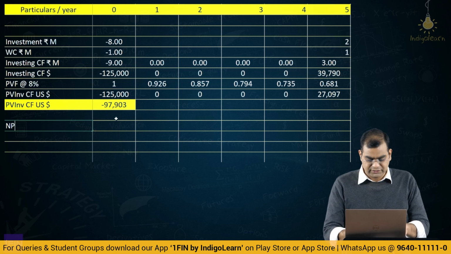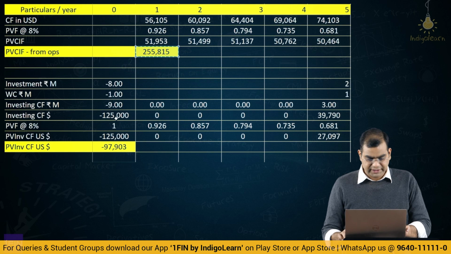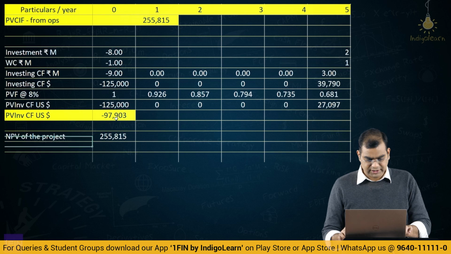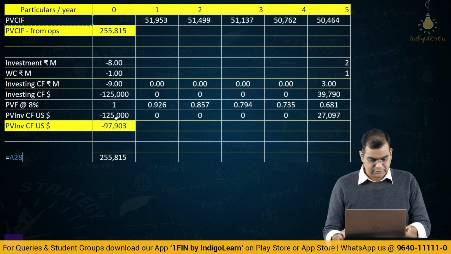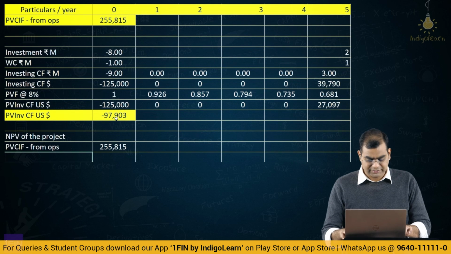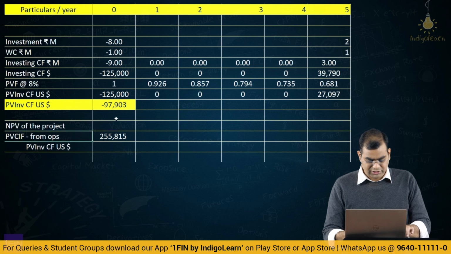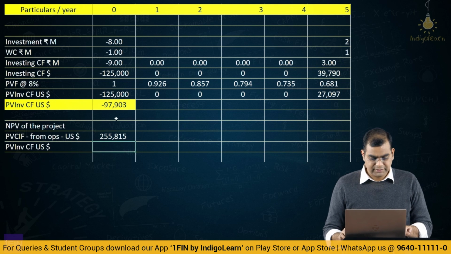So the NPV of the project is 255,815. I will put this 255,815 also in the 0th period so that there is no confusion. The present value of cash flow from ops and the present value of investment cash flow are both in US dollars. This will be minus 97,903.